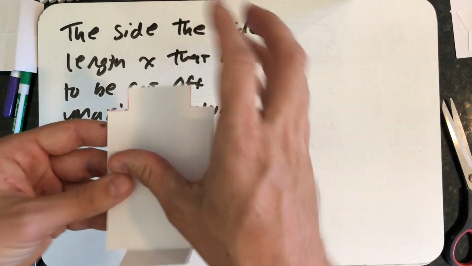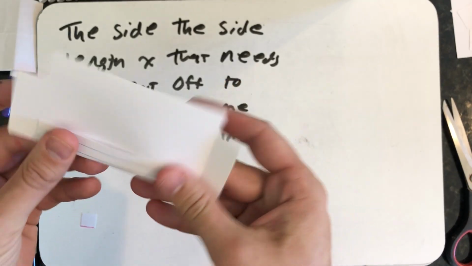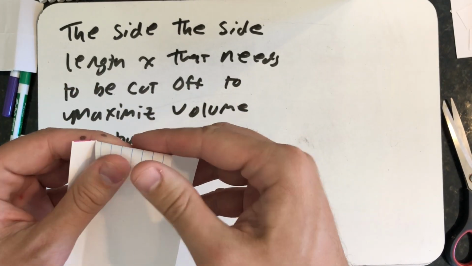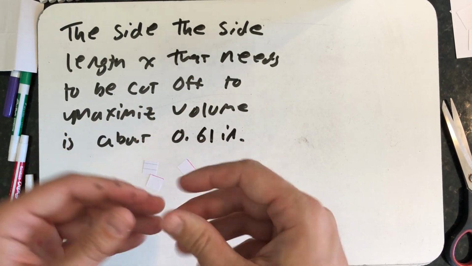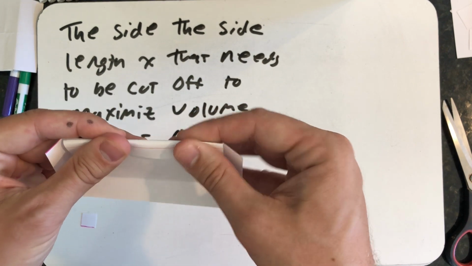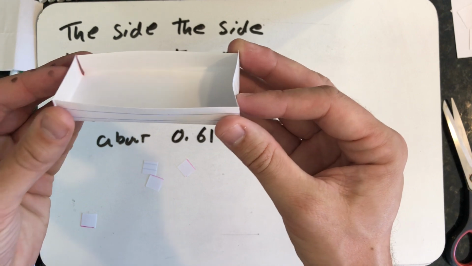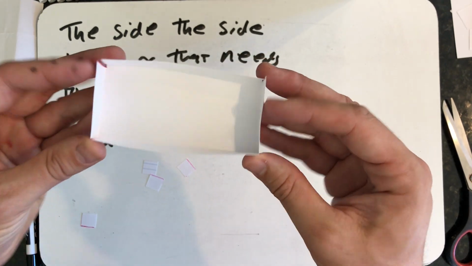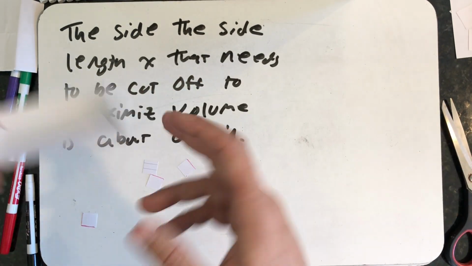Fold up the sides and form the open top box of approximately maximum volume. And there we have it. It would be a box that was kind of shallow, but apparently this has the maximum volume.